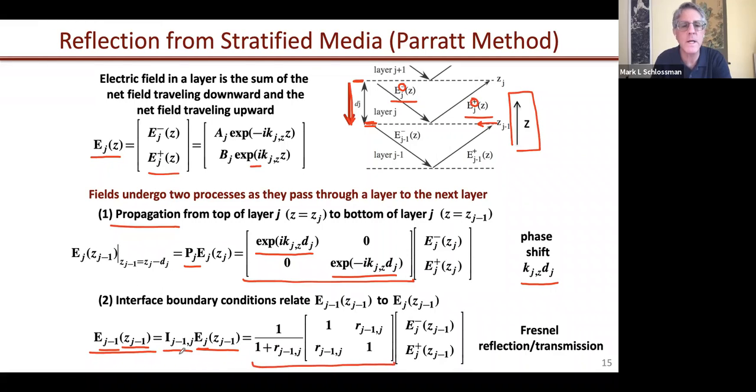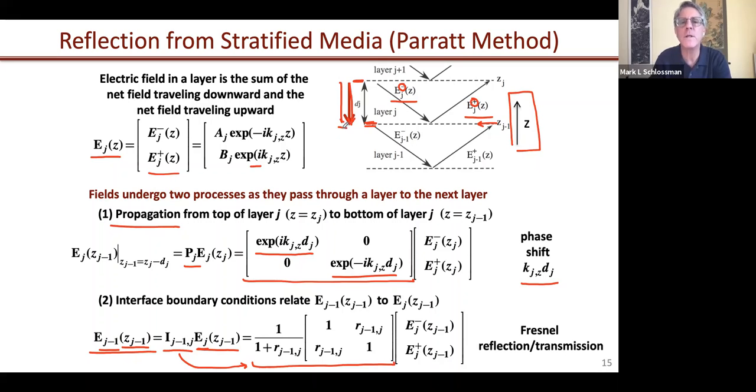This whole thing here is this I matrix, not just what's in the brackets, but also the prefactor. I'm not going to do that derivation for you, but you can see we have these expressions: one matrix that allows us to follow the wave as it goes from the top down to the bottom, and the other which allows us to follow the wave as it goes right across the interface.